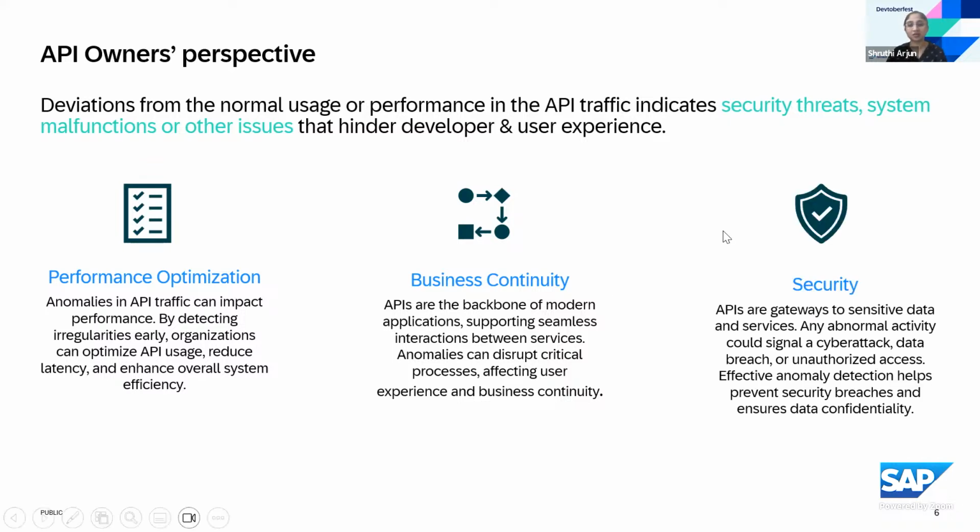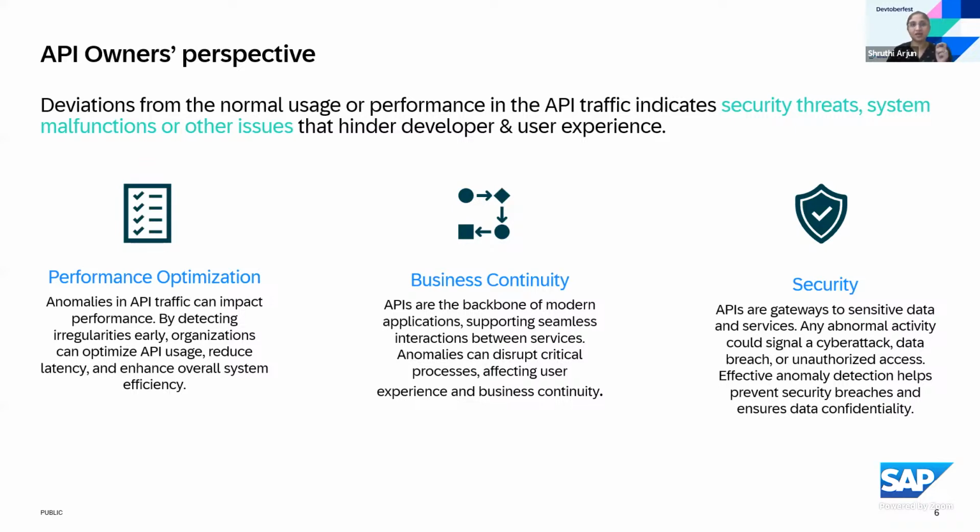The other thing that they also think about is security, right? APIs add an additional layer of security over critical processes running in the background. And many times, any abnormal activity could mean there is an attack, could mean that somebody is trying to bring down a system.